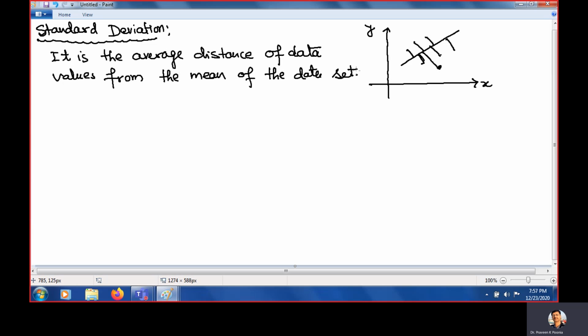Clear? So you need to find the mean of the data. If this line I explained to you is the mean, then what is the difference between these values and the mean? So this is the average distance.